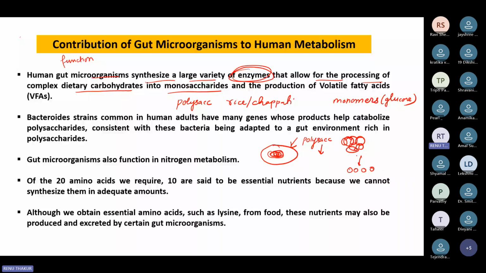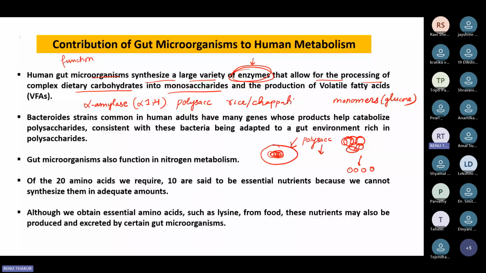They do this with the help of different machinery, by the help of enzymes. One common enzyme is alpha amylase, which is responsible for the hydrolysis of the alpha 1,4 glycosidic linkage present in starch, glycogen and other related polysaccharides.